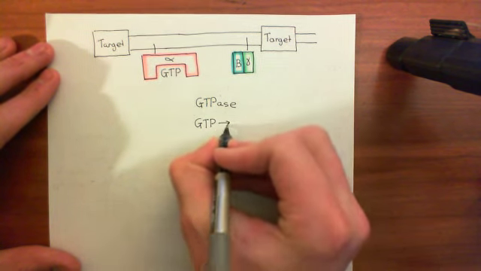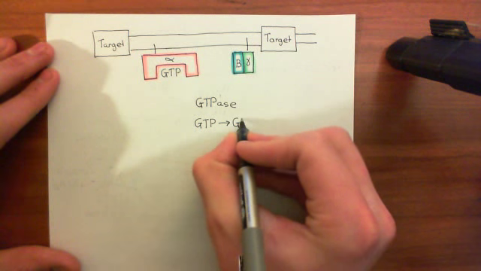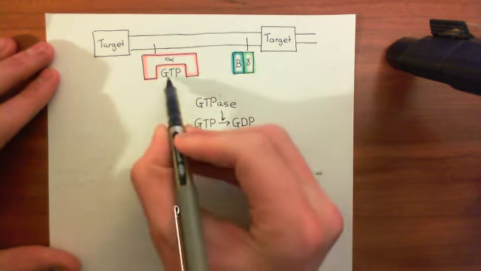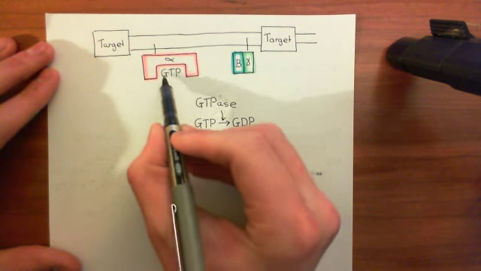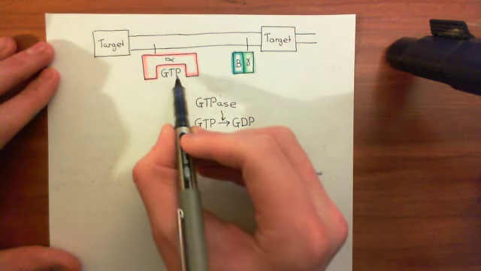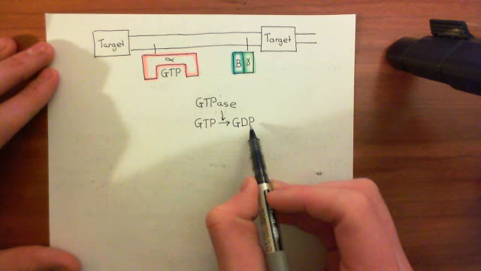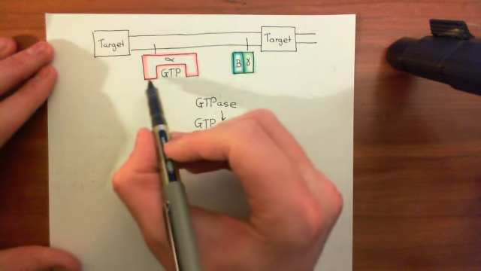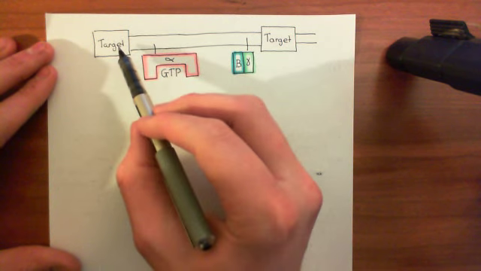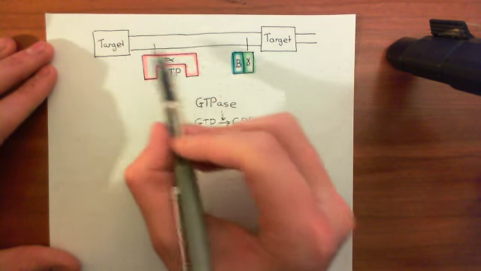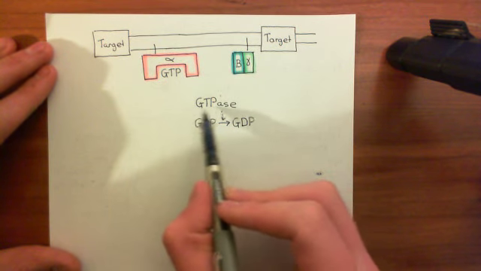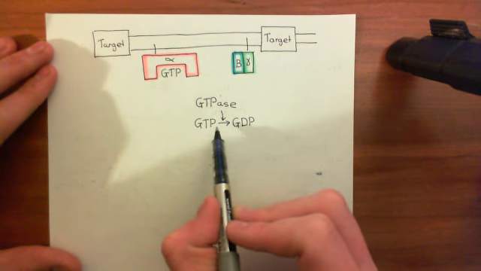So it catalyzes the conversion of GTP to GDP. Now, it has a GTP molecule bound to it, so it can catalyze that conversion. Usually it doesn't do that, or rather it does, but very slowly. Its usual GTPase activity is very slow.